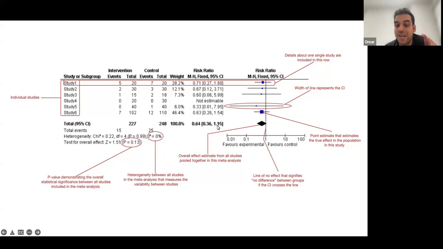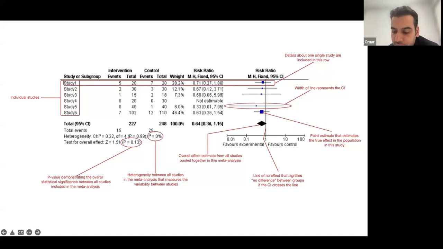You have a very narrow confidence interval that just about crosses the 1, and your p-value is nearly 0.05. That's how you get the high marks, because not only do you know how to interpret your forest plot, but you understand the components of the forest plot in basic medical statistics.